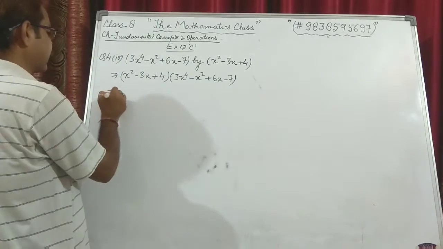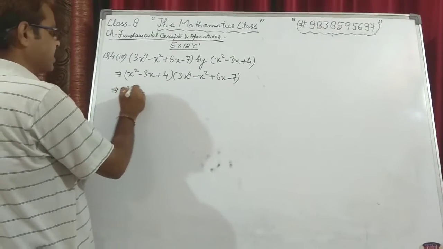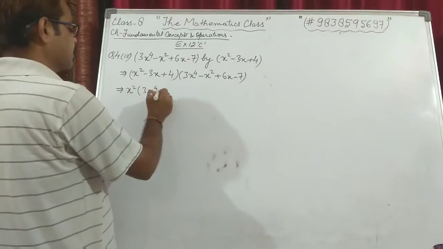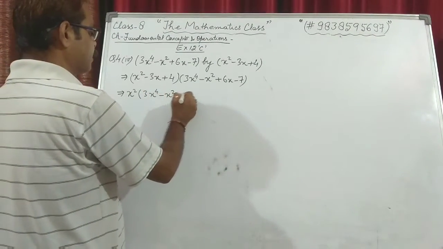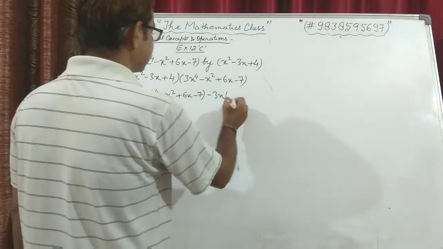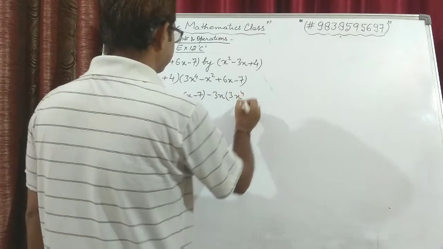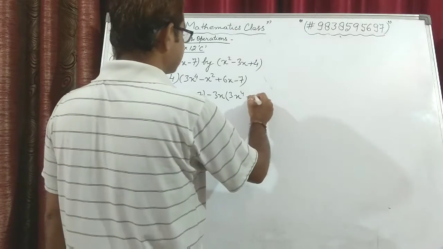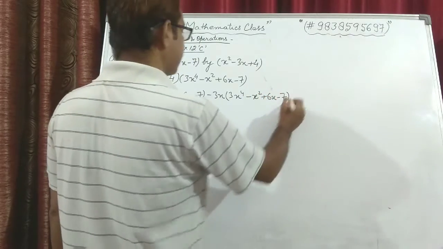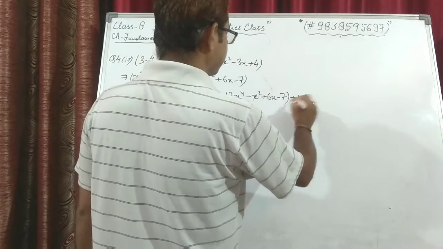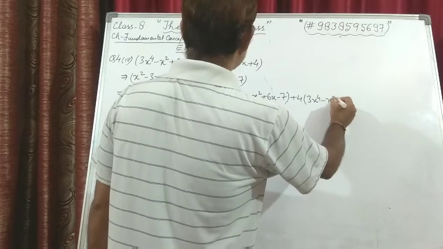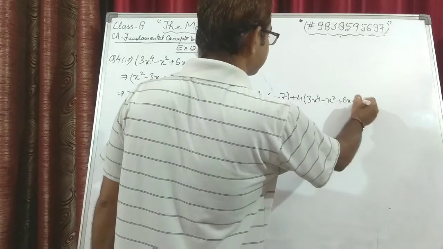Now we'll open the first bracket: x square into 3x to the power 4 minus x square plus 6x minus 7. Then minus 3x again into 3x to the power 4 minus x square plus 6x minus 7, and again plus 4 into 3x to the power 4 minus x square plus 6x minus 7.